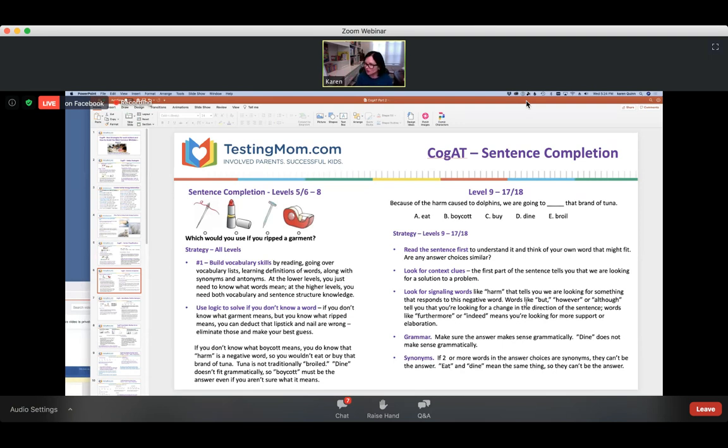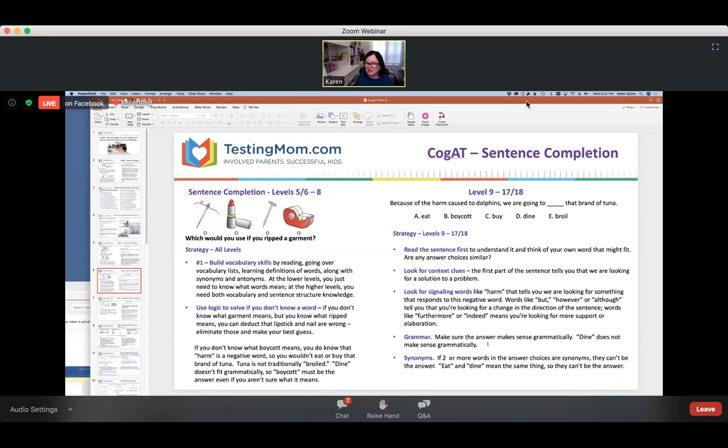Or you might see words like furthermore or indeed after the first half of a sentence, which means you're going to be saying something that supports what was said in the first part of the sentence. So if you find these signaling words, it can help you logically figure out what you're looking for.